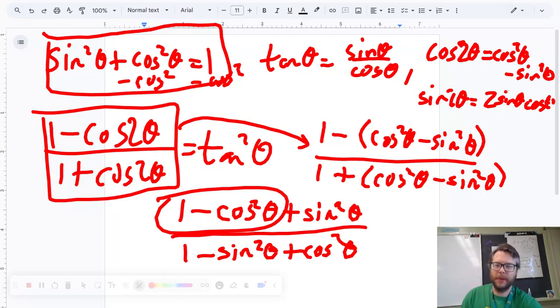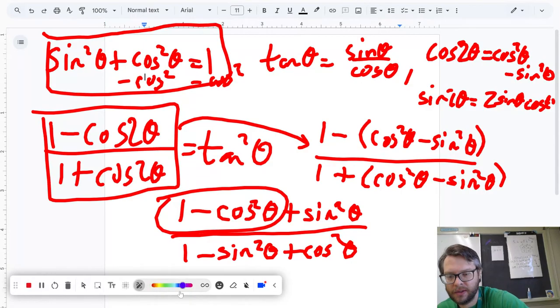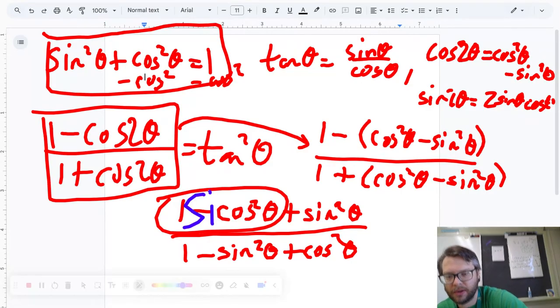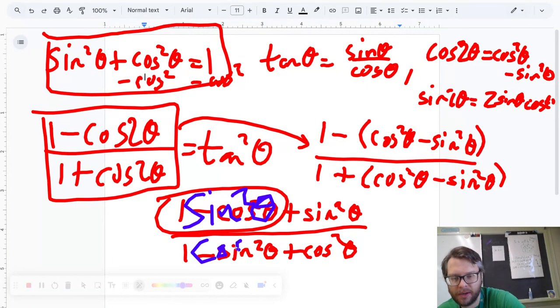So the 1 minus cosine squared is just going to be the same as sine squared. So I can replace this part with sine squared theta. And similarly, if I do 1 minus sine squared, I can replace this part with cosine squared theta.